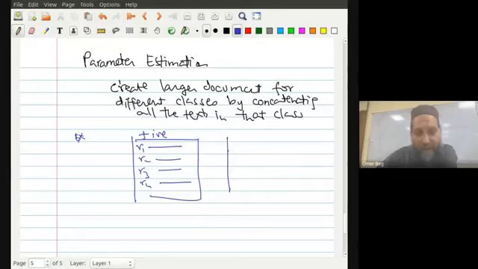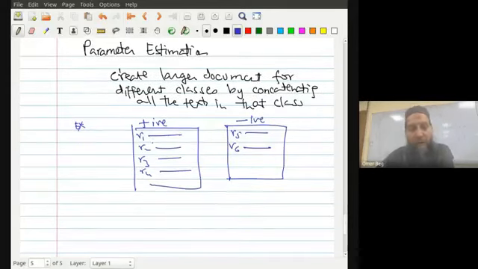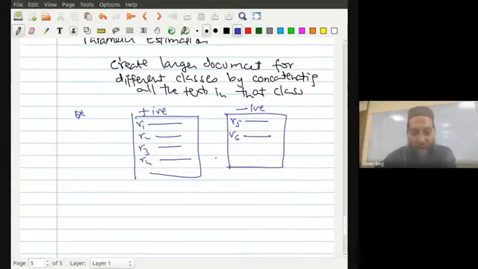And then I create another document for negative reviews, and that would be review 5, review 6. So we concatenate all the reviews classified according to their different classes. Now we can use the frequency of words in these documents.